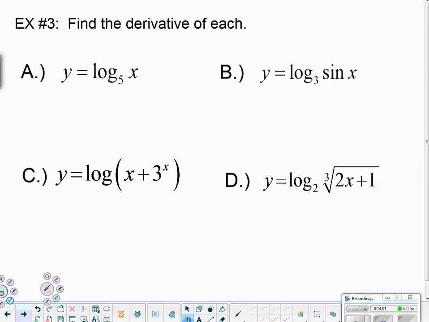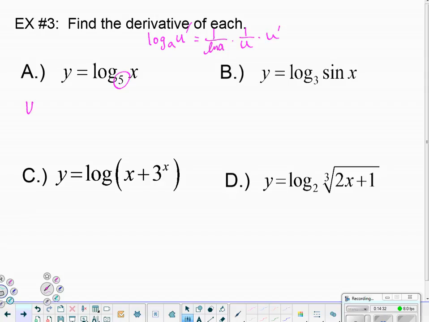And then finally we get into the log ones. Find the derivative of each. All right. The base is not e. So now I've got to remember what this pattern was. If I have the log with a base of a of u, the derivative will end up being 1 over natural log of a times 1 over u times u prime.